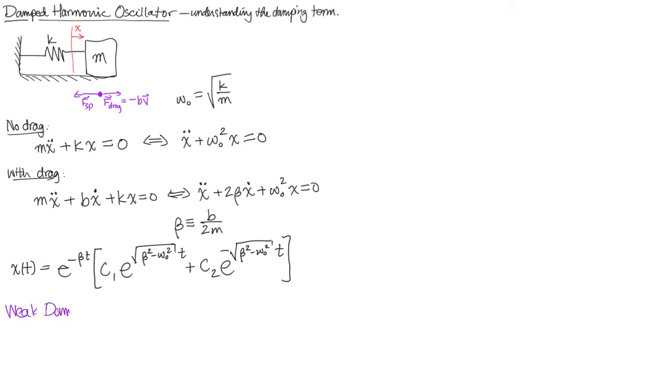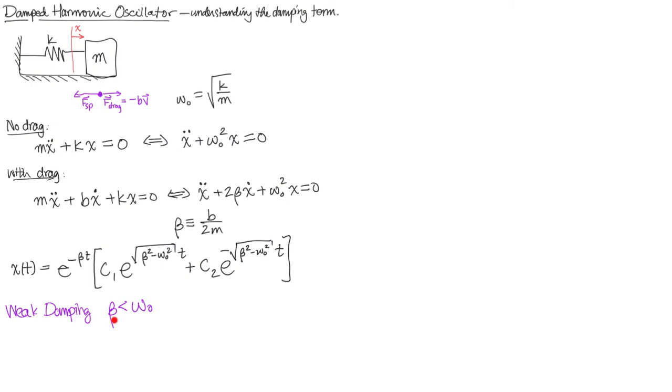And weak damping simply means that beta is less than omega naught. What is the importance of the relative size of beta and omega naught? Well, if beta is bigger than omega naught, then this quantity up here is a real quantity. If beta is smaller than omega naught, then this is an imaginary quantity. We have the square root of a negative quantity.